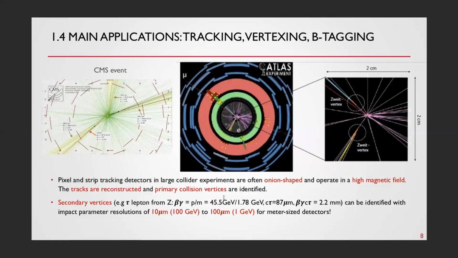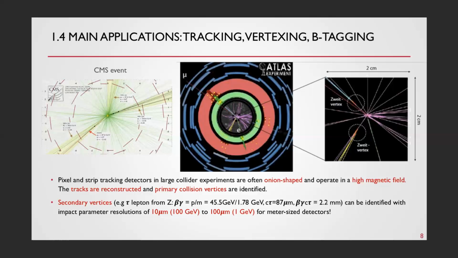The beta gamma of the tau lepton is the 45 GeV from the half of the Z boson that got converted into the tau lepton's momentum, divided by the tau lepton's mass, which is 1.78 GeV, gives a factor in the vicinity of 30, between 20 and 30. So the beta gamma c tau is 2.2 millimeter. Beta gamma c tau is the average distance a tau lepton with a momentum of 45 GeV will travel.